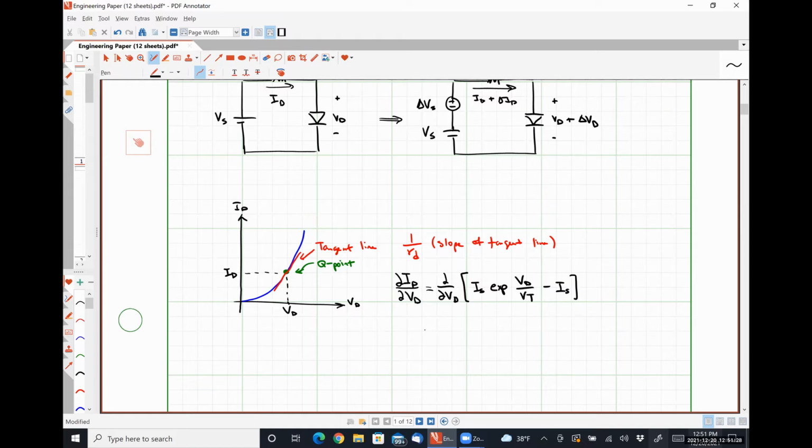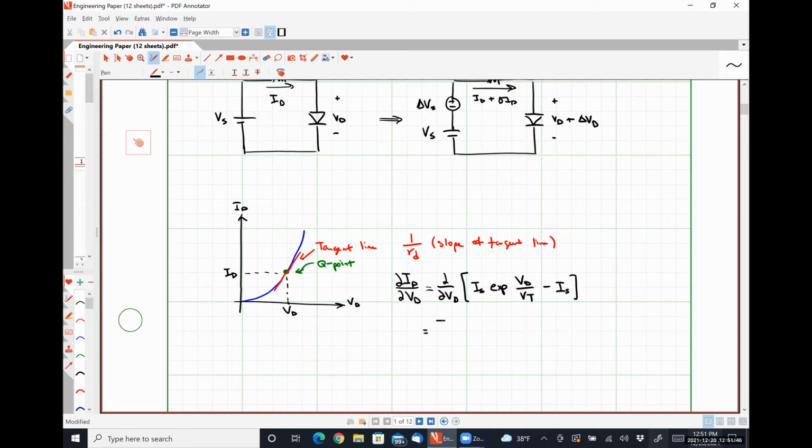So that's going to leave us with, let's see. When we take the derivative of this with respect to VD, that's going to pull out a factor of 1 over VT, right?